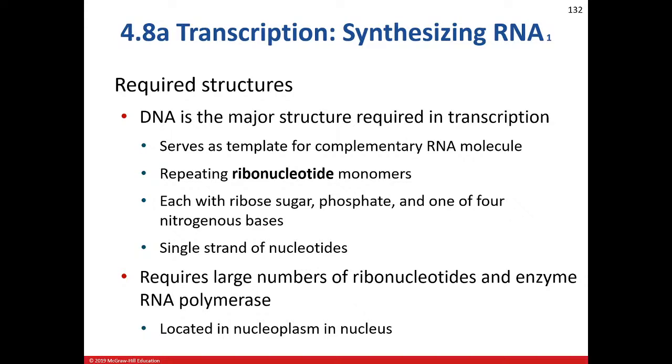Okay. In DNA, it's ATGC. All right. So, yeah. It requires a large number of ribonucleotides and the enzyme RNA polymerase. RNA polymerase is the enzyme that builds a new RNA molecule during transcription.